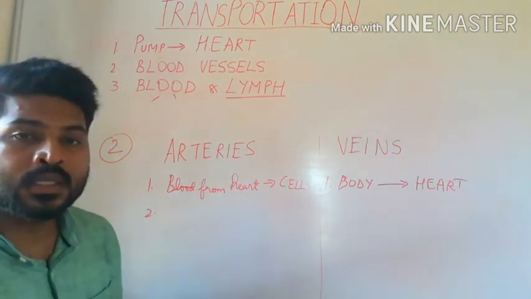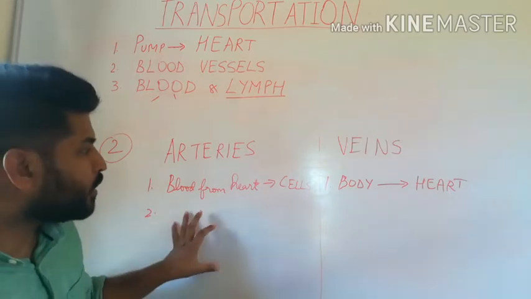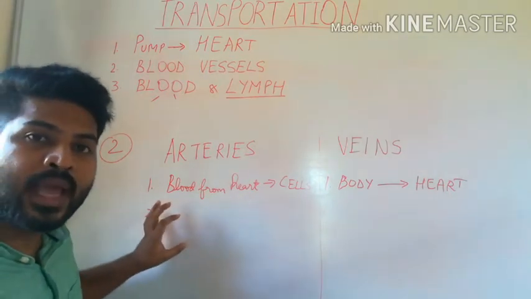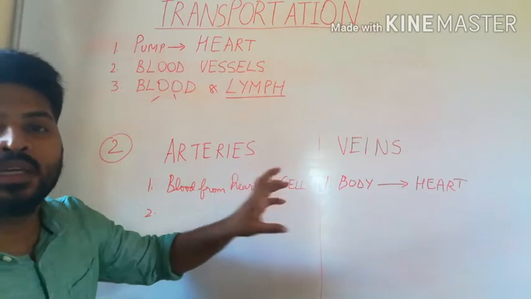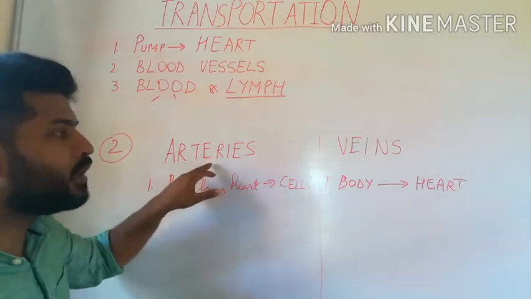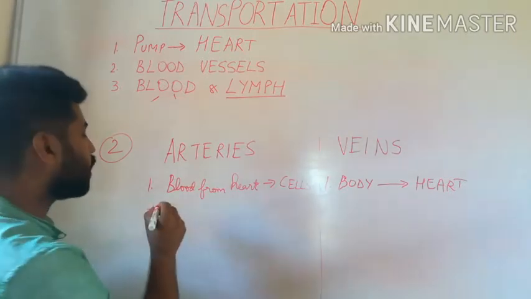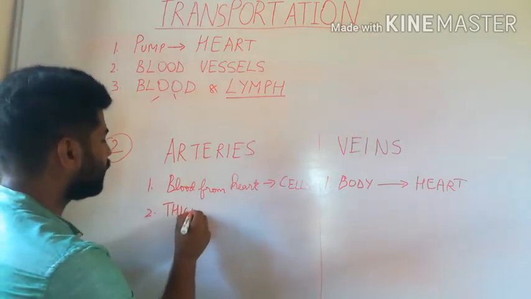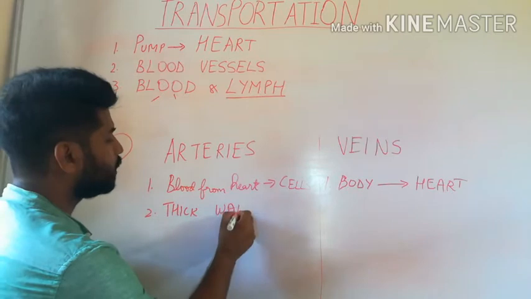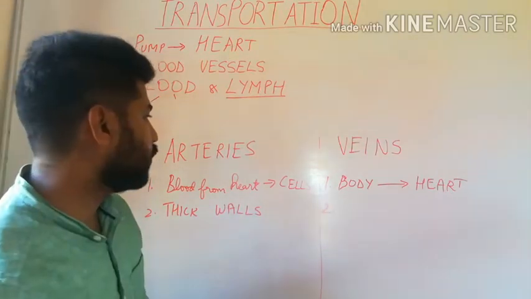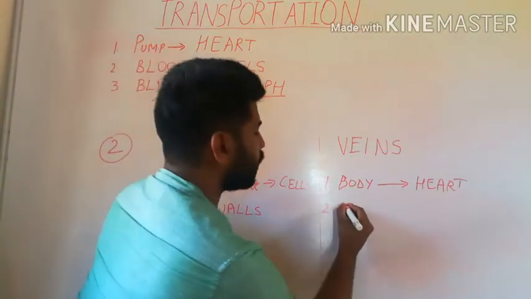Now, because blood needs to be pumped from the heart and carried to faraway places, the pressure inside the arteries is very high, due to which they have thick walls. Arteries have thick walls, whereas veins have thin walls.